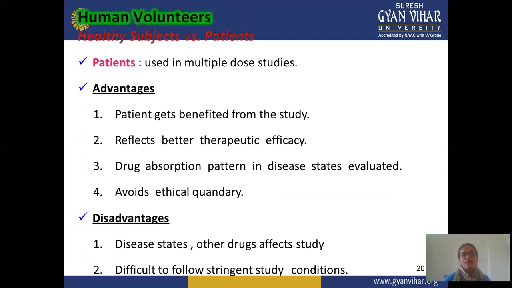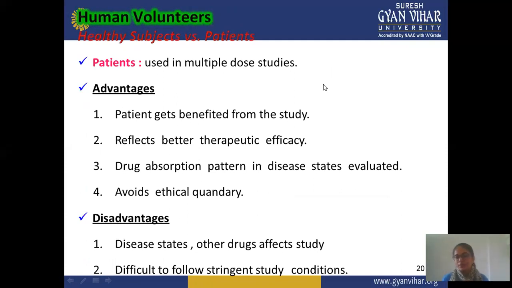Next is human volunteer. In human volunteers, first is healthy volunteer versus patient. You compare the patient with the healthy volunteer, and patients are used in multiple dose studies. The first point is that the patient gets benefit from the study, it reflects better therapeutic efficacy, and the absorption pattern in the disease state is evaluated, avoiding ethical problems.